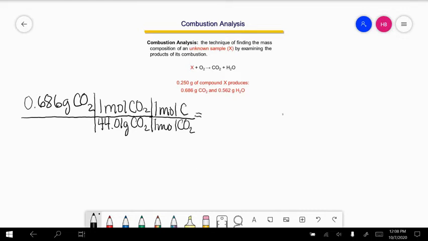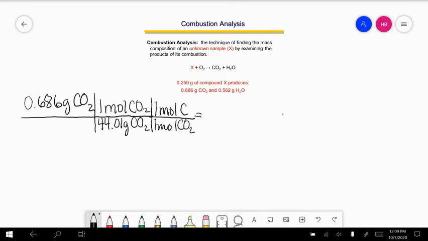What that means is 1 molecule of carbon dioxide consists of 1 atom of carbon and 2 atoms of oxygen. So 1 mole of carbon dioxide consists of 1 mole of carbon and 2 moles of oxygen.